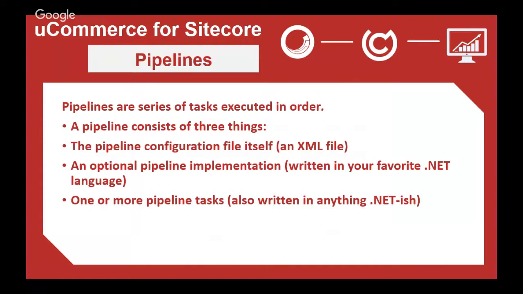Since we're talking about the SOLID principles and the ability to use dependency injection and actually to build your own custom implementation of any part of your uCommerce process, definitely you're going to use pipelines, and it's similar to Sitecore. It's a series of tasks that is executed in order, and an example of that would be the basket.